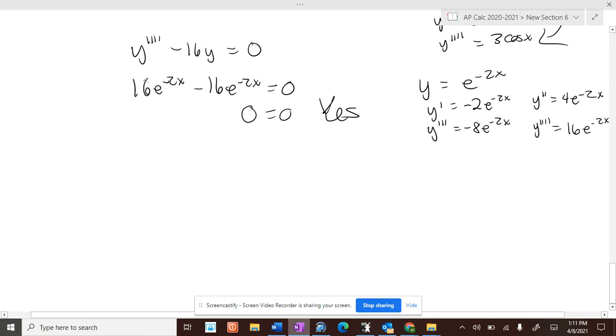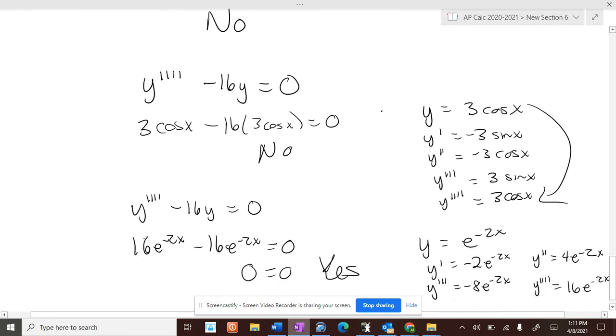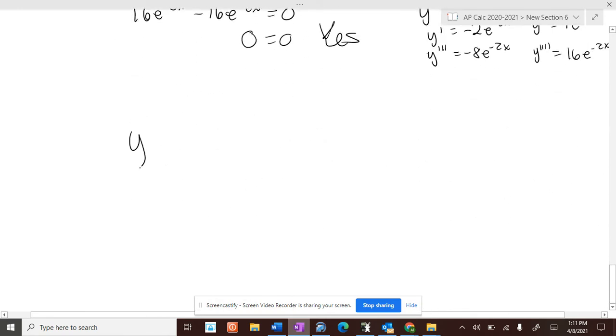But what if we have this one? Let's do the second derivative minus 2y equals 0. How about that one? Let's say y equals ce to the 2x.